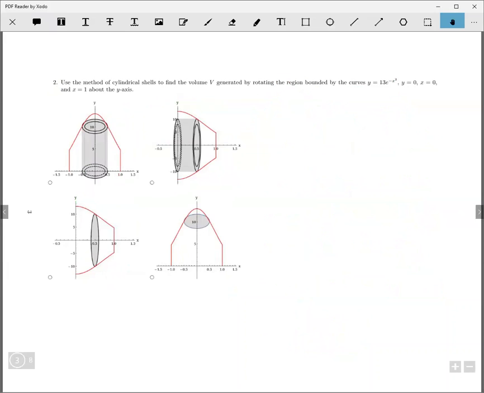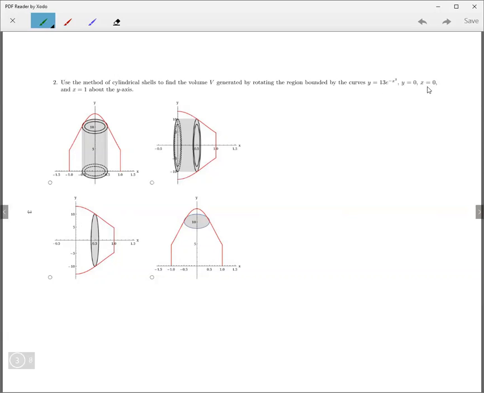More examples. So y equals 13 e to the negative x squared, y equals 0, x equals 0.